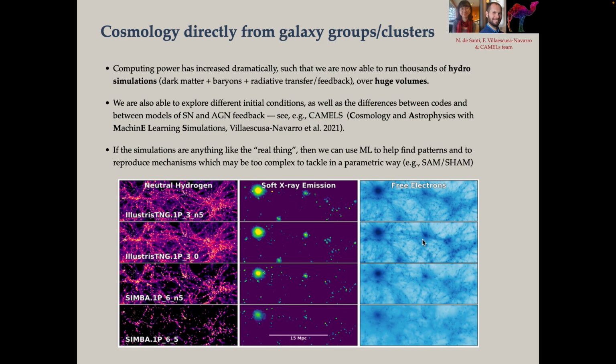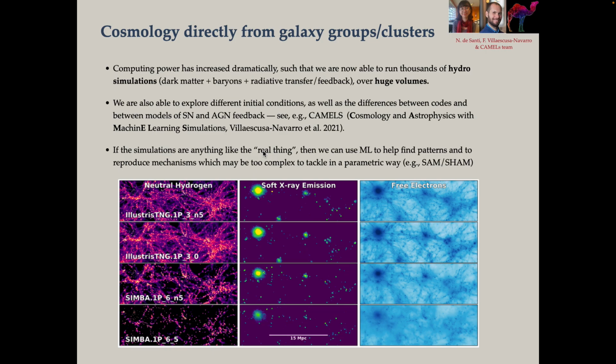So the idea here is that to some extent, the hydro simulations are reproducing some of the physics that goes into the distribution of baryonic matter in the universe. If you look at gas, at X-ray emissions, at the free electrons, at the different phases of the gas in the universe, these can be, in some coarse-grained sense, predicted by these hydro simulations, right?